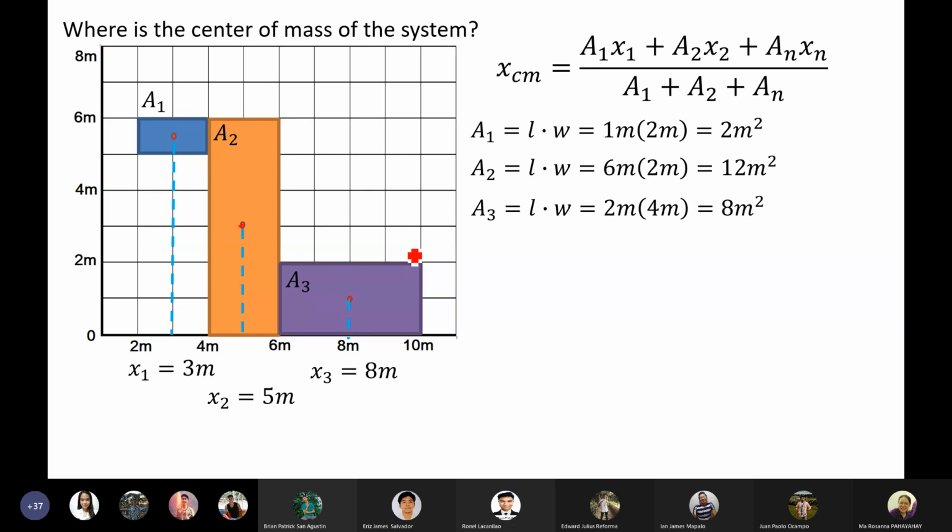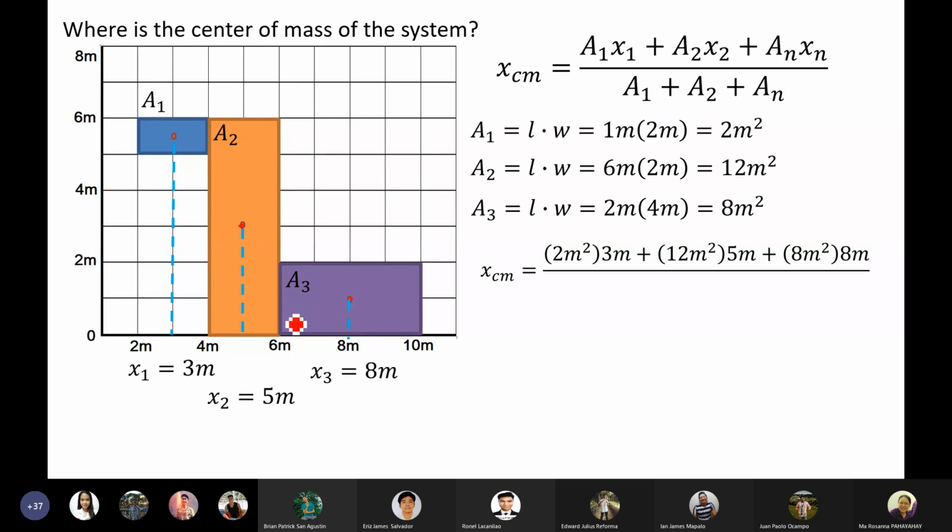Since we know now the area and their center of mass of different areas, we can now solve for its center of mass along X. So that is 2 meters squared times its center of mass, that is 3 meters, plus 12 times 5, the area of area 2 times its center of mass, plus 8, area of A3 times its center of mass. Again, nakadepende pa rin tayo lagi sa origin, as if we will place this in an origin.